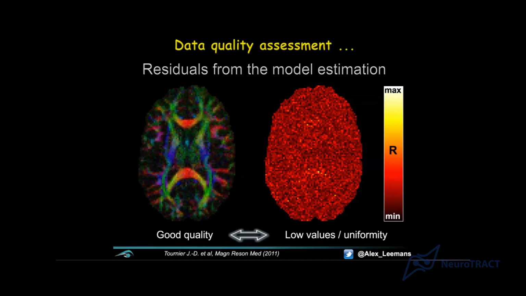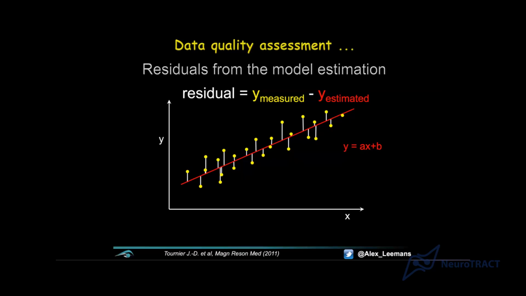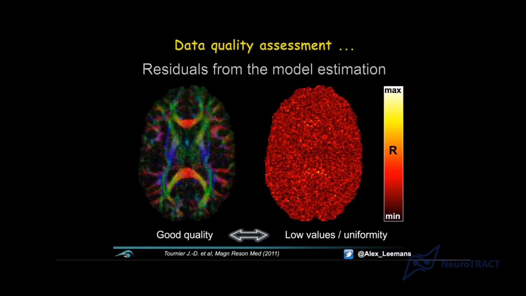Then obviously our measurements are perfect, meaning that if you were to subtract them from our estimates from the model, you'll get zero, right? The equivalent would be all these yellow points in this schematic lying perfectly on the red line. Then all these residuals, these little white lines, would be zero. Okay? So low values in a residual map would be good. Good quality data, good quality model.